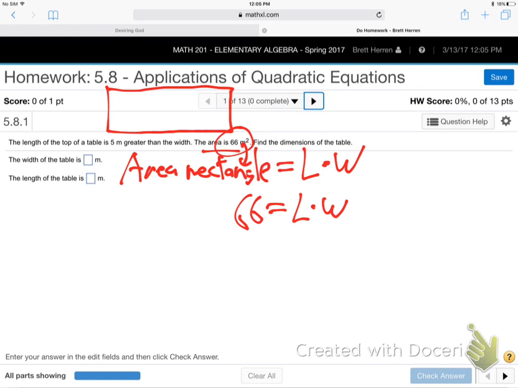You let one of them be simple X. Doesn't matter which one, L, W, whatever. Let one of them just be X, and then let the other one be some kind of X formula. X plus 3, X minus 2, something like that. How do you know? What do they say? 5 greater. 5 greater is X plus 5. Exactly. So you let one of these be X, and you let the other be X plus 5.